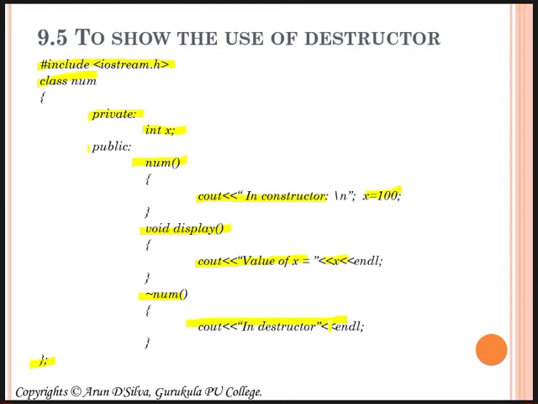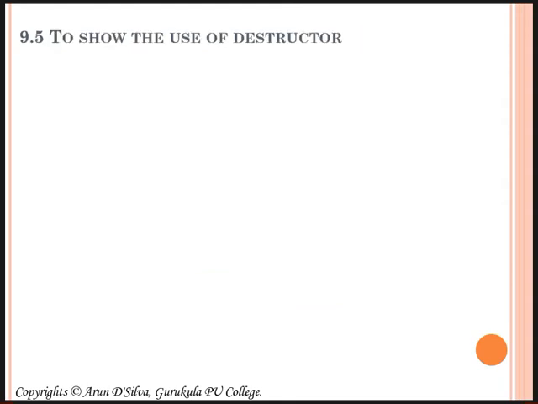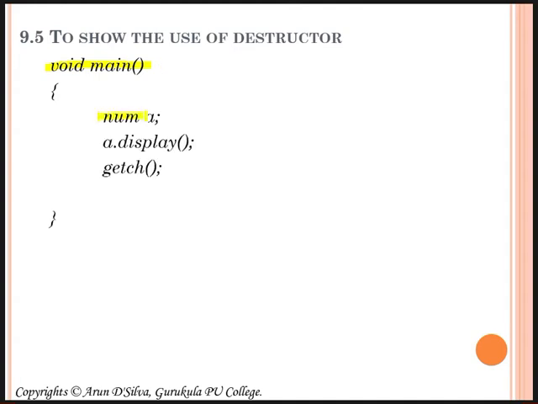Let me show you the main function. I have created main with the return type void, and I have created an object of the num class, that is a, and I called a.display and getch.